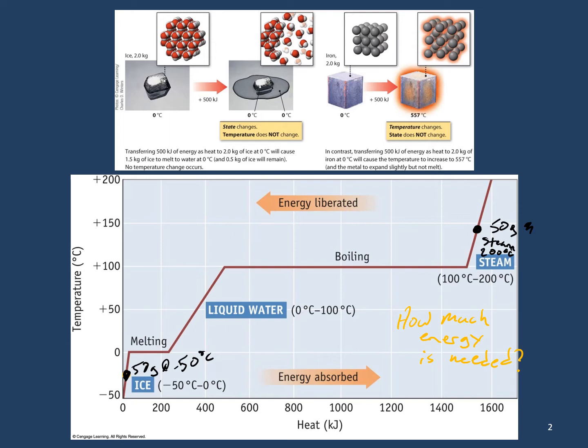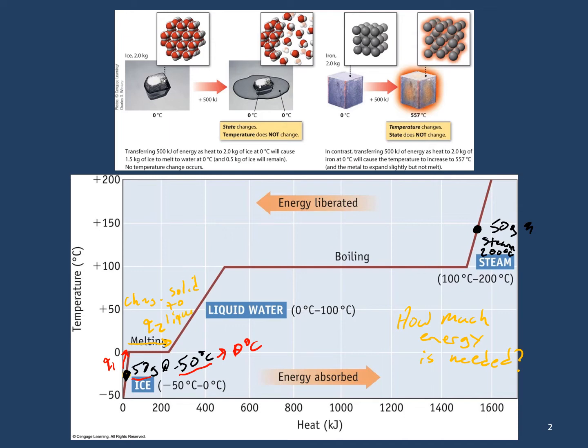So the first step, this is Q1, is converting the 50 grams of ice at -50 to 0 degrees Celsius. That's our first Q. Our next Q, Q2, is changing our state from solid to liquid.